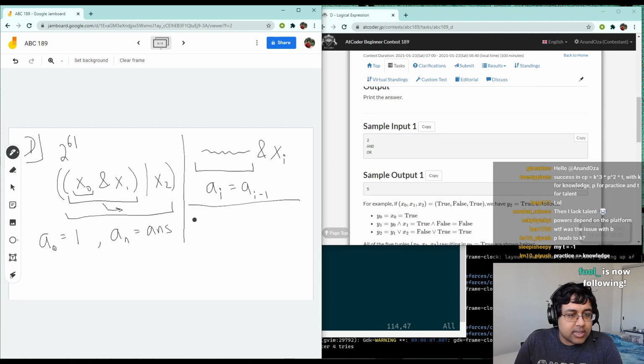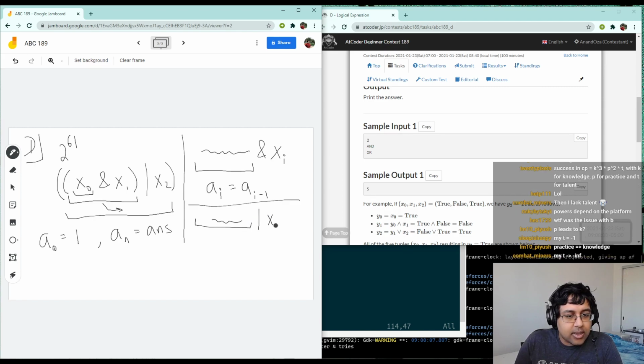And then the other case is where we have a bunch of stuff or xi. And this one is slightly more interesting because your possibilities are either that all the previous stuff is true and xi equals 0 or false, or the previous stuff could actually just be anything if xi is true.